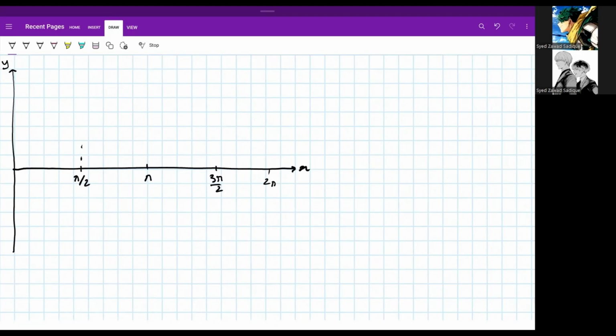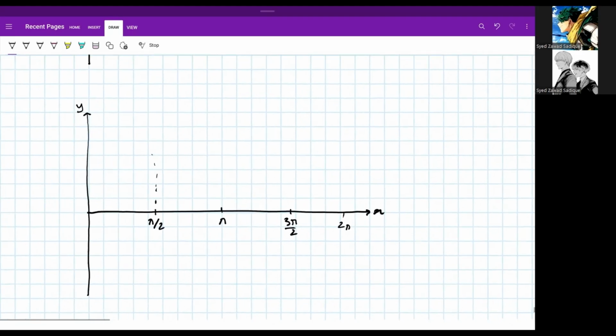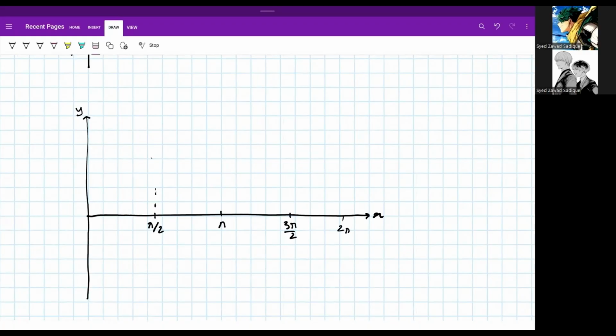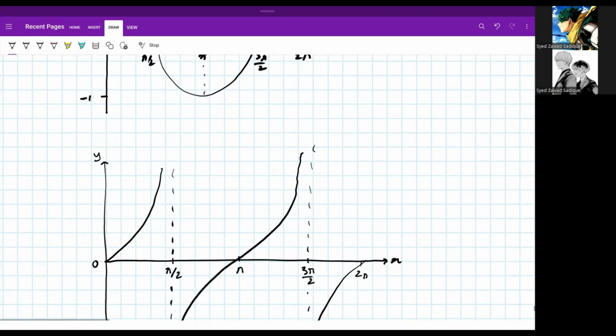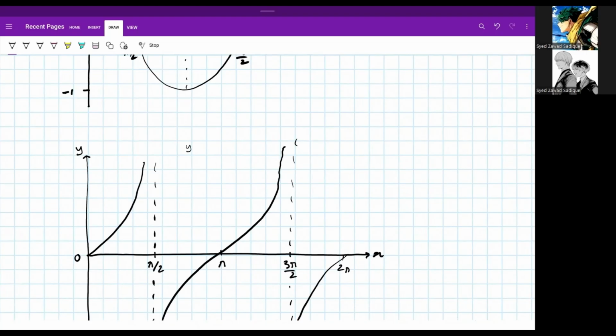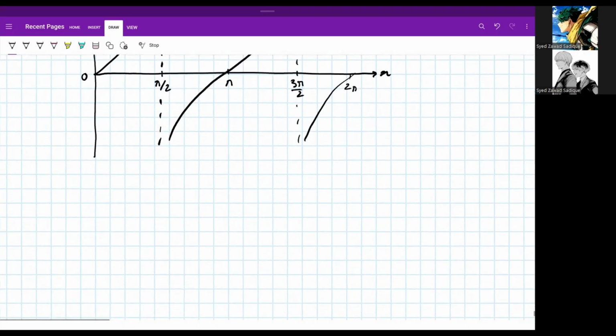Now dotted lines on this. Okay, so the graph looks like this. This is the basic tan x graph. Nice. Okay, what else?